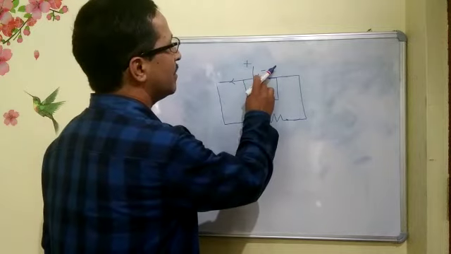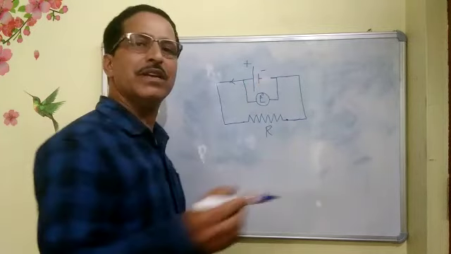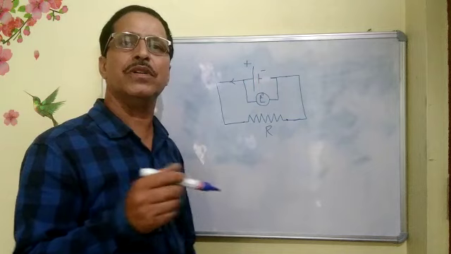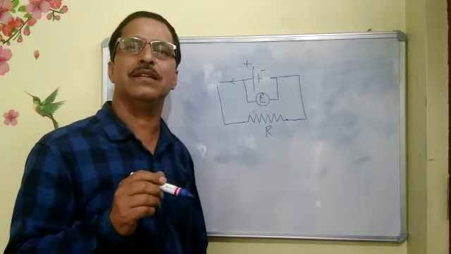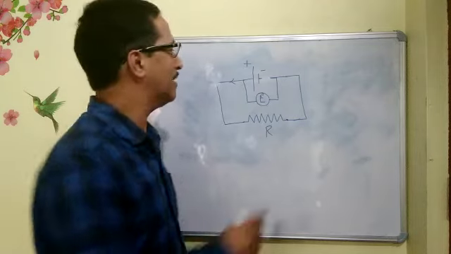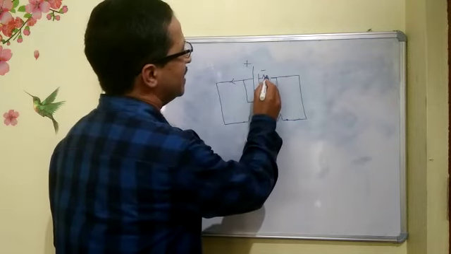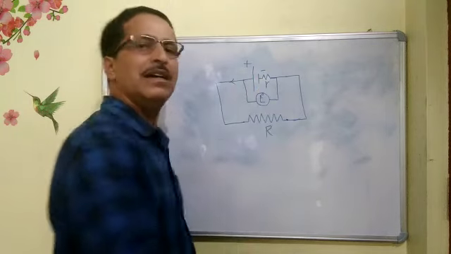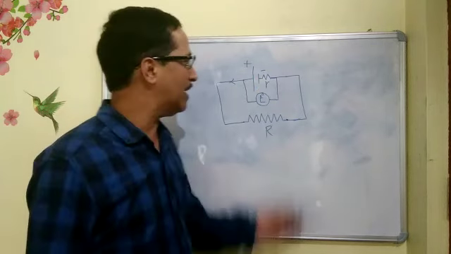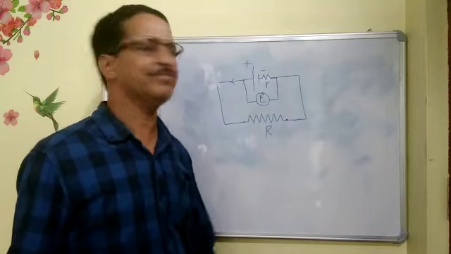And because the current is flowing inside the cell also, the electrolyte also offers resistance against the flow of the electric current. That resistance is called the internal resistance of the cell and is denoted by small letter r normally.